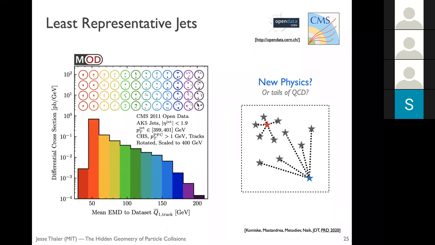So this three-prong jet here, I can tell you this is not a top quark, but it looks like a top quark-like configuration. This is basically telling you that with tiny probability, there's a chance for ordinary QCD to give rise to this radiation pattern. I find plots like this really helpful for building intuition about this space. As an anomaly detection scheme, it's not quite there, but we're working on it.